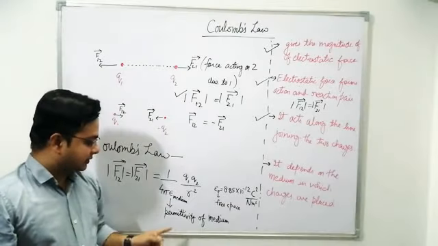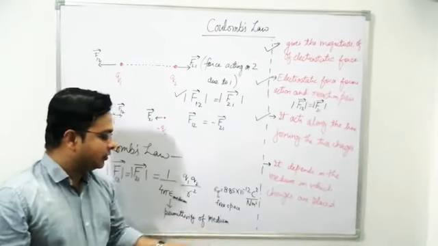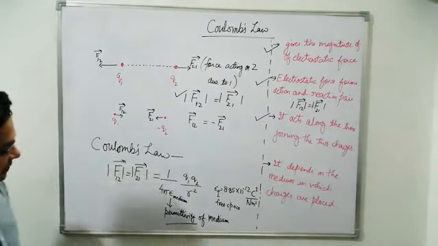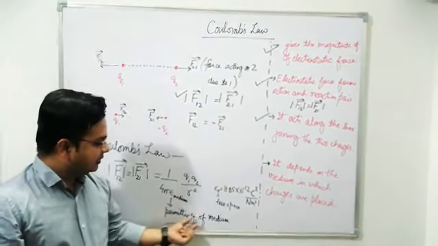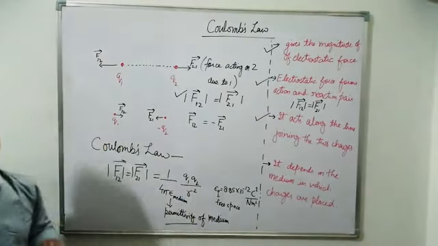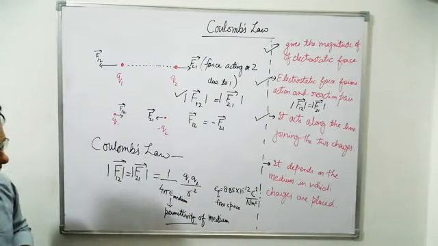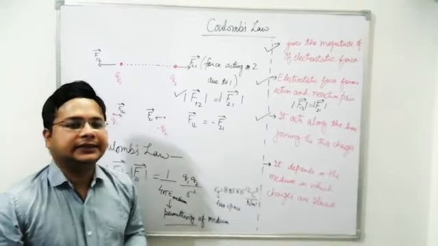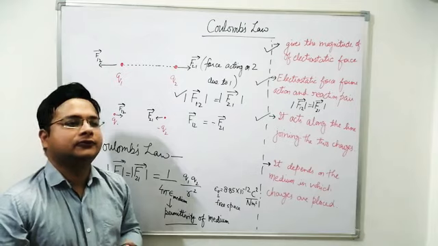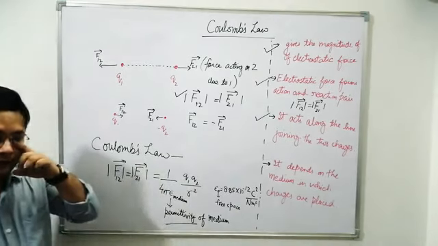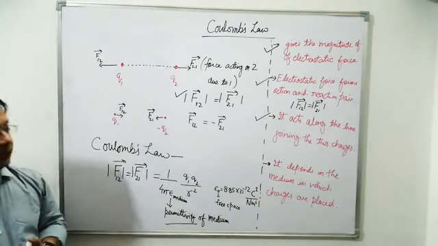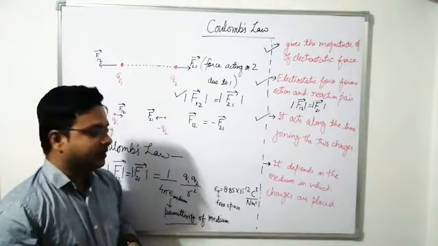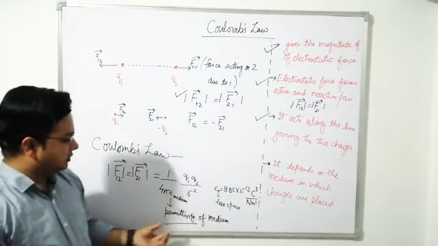Now what is epsilon? Epsilon is the permittivity of the medium. Please note it down. Note down the definition of permittivity: permittivity is a characteristic electrical property of a medium.